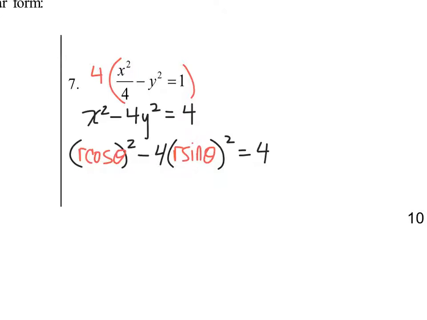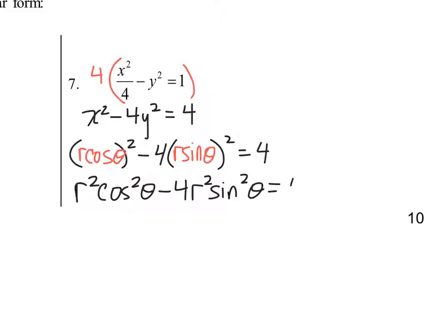You never know. In this case, if we clean it up, we'll get r squared cosine squared theta minus 4 r squared sine squared theta equals 4. Now that's a polar equation, so we're in good shape. If we want to solve it for r, it's not going to take much doing, so that's even better.